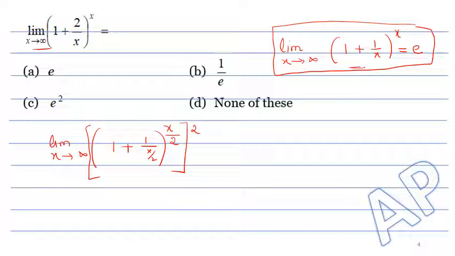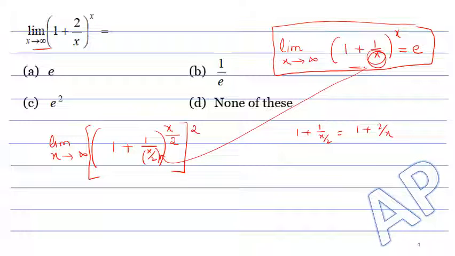And 1 plus 1 by (x by 2) is the same as 1 plus 2 by x. So we have manipulated here so that in place of x in this formula I have x by 2. The term inside the square bracket is nothing but e, that is limit as x tends to infinity of (1 plus 1 by (x by 2)) to the power of x by 2 is e, and we have a square here, so the answer is e square, which is in option C.